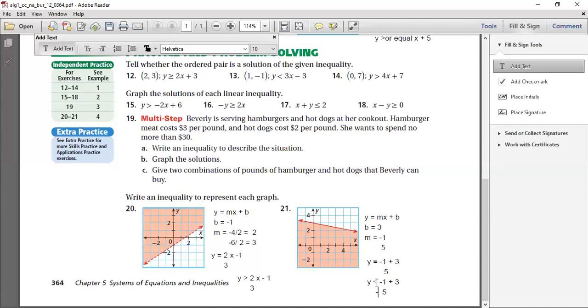No, that's a small line which should be in place under the less than sign. So this is going to be your inequality: y is less than or equal to -1/5x plus 3. And I forgot the x here, you have to write the x here.